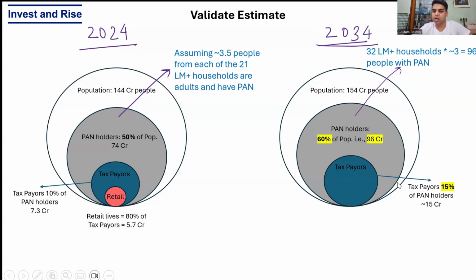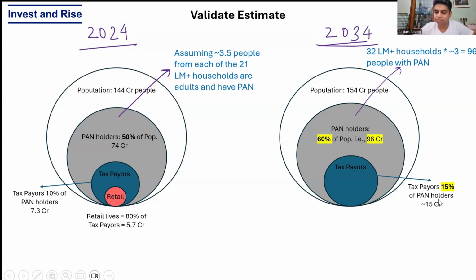I'm assuming that 15% of the PAN holders 10 years from now would be taxpayers. So taxpayers may increase from 7.3 CR today to 15 CR 10 years from now.